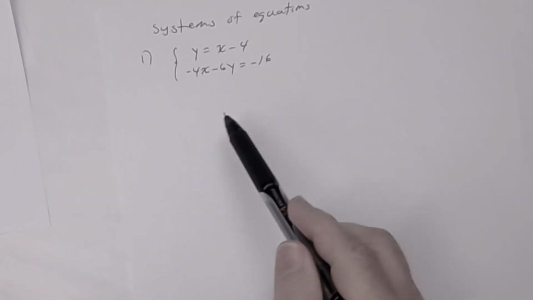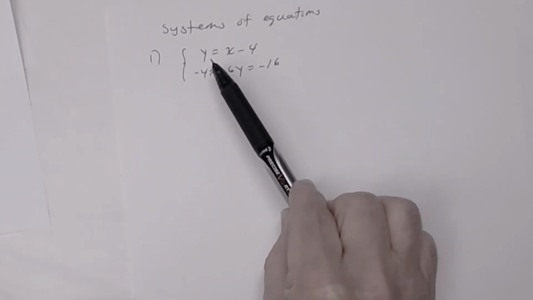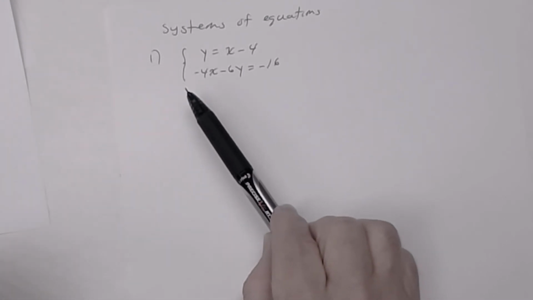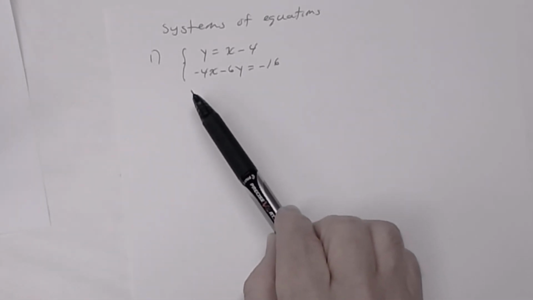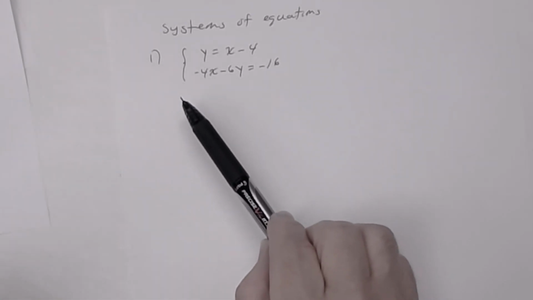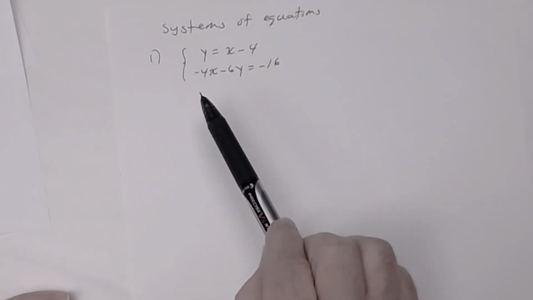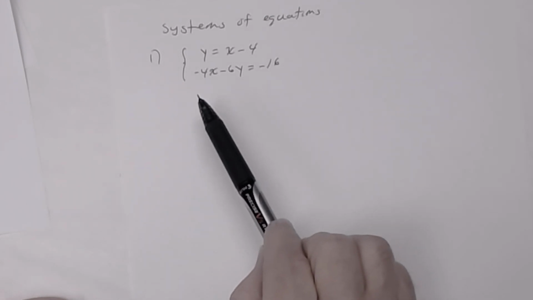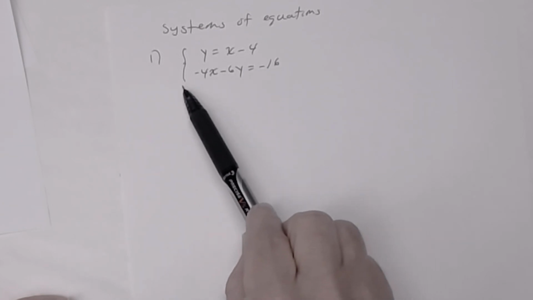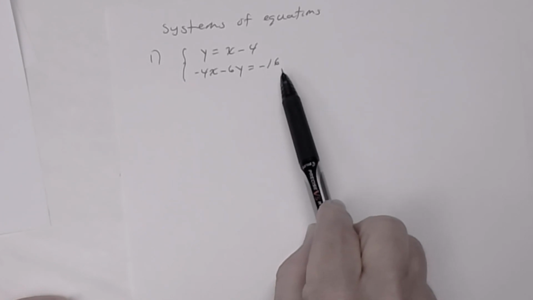Now, as we go through the process, notice that you want to choose an equation in which getting one of the variables by itself is an easy process. You want to try to avoid fractions. It's not always possible, but whenever you can, when solving a system by substitution, you want to avoid fractions as much as possible. If I were to pick the second equation and solve for x, I would have to divide both sides by -4.